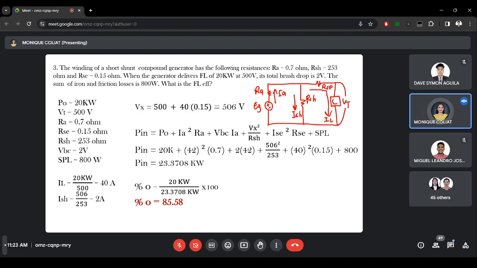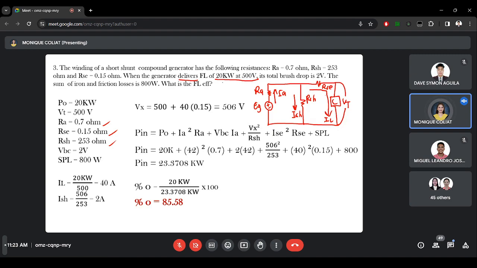Consider that the total brush drop is 2 volts, that means VBC, and the sum of iron and friction losses is 800 watts. What is the full load efficiency? The full load efficiency is the same as the overall efficiency.